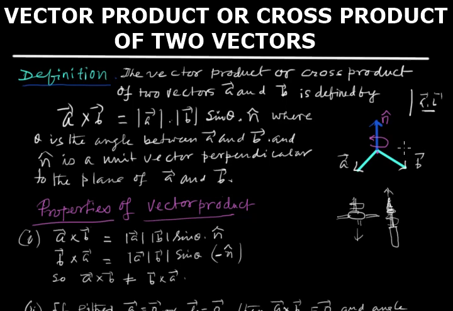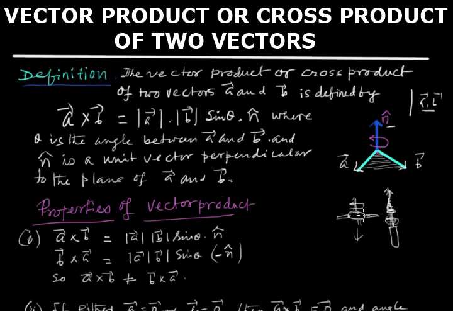Look at this picture. Here we have taken vector A and vector B. So this is the plane, and look, n cap is perpendicular to the plane of A and B. And practically, if you see, when you use a screwdriver to fix a nail and rotate like this, the tip of the nail moves downwards.